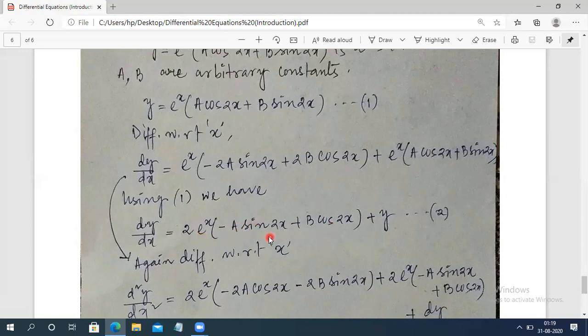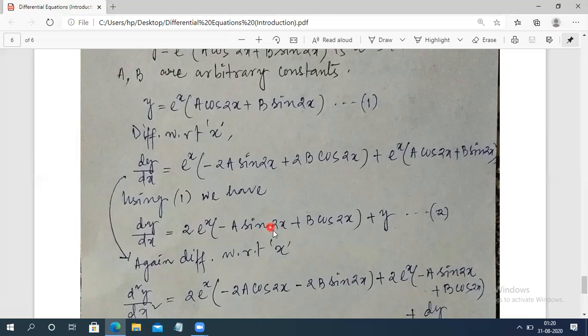Product of first function and derivative of second, plus second function and derivative of first. The derivative of first is e to the power x itself, so it will be this term only. But this whole term can be written in the form of dy/dx minus y.